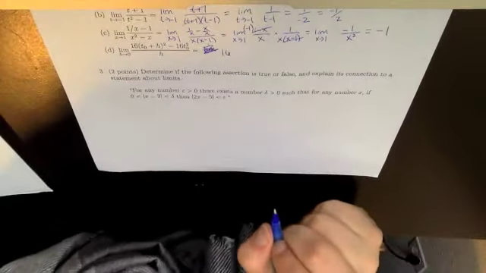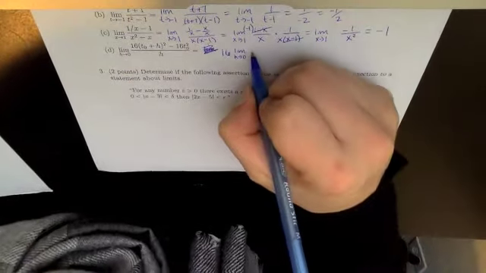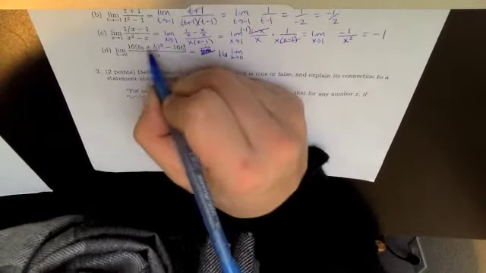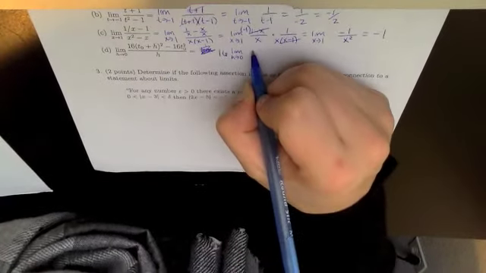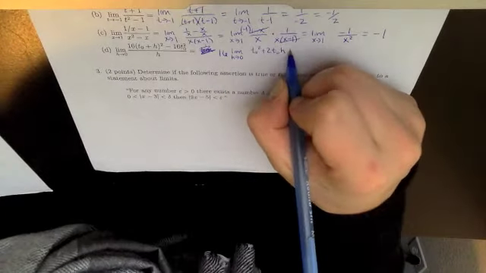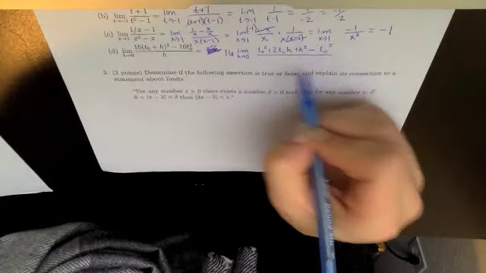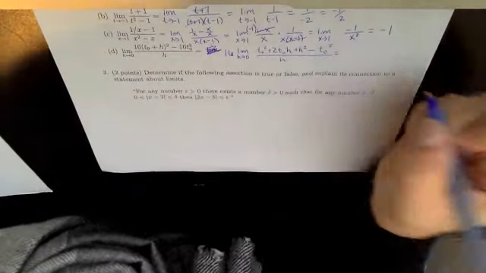And I get that this is 16 times the limit as h goes to 0. I'm going to square this t0 plus h, and that is t0 squared plus 2t0h plus h squared, minus, there's still a t0 squared on top, all over h. Now this simplifies.